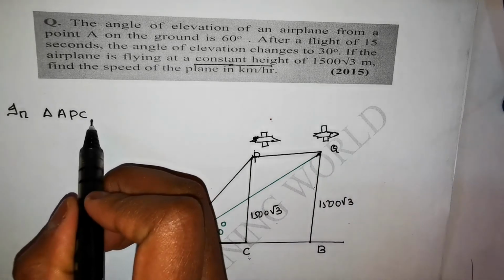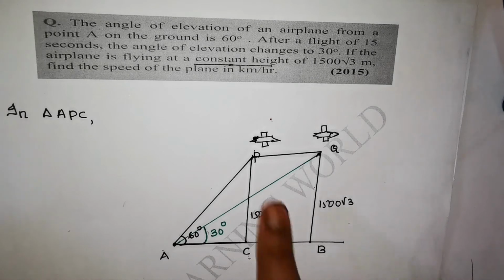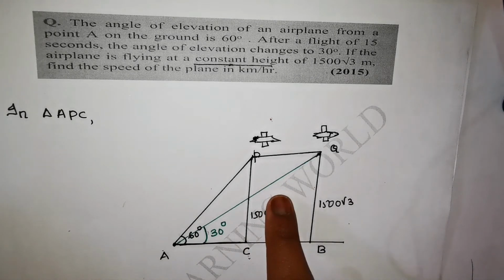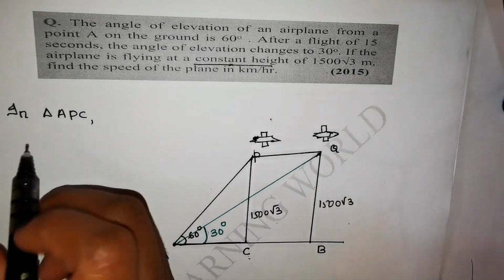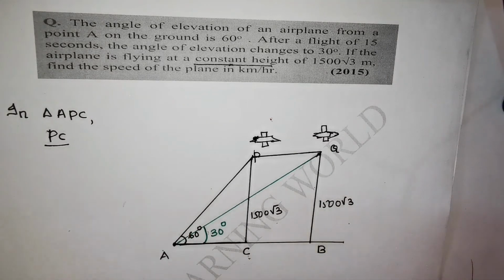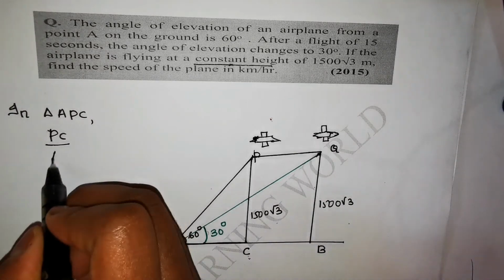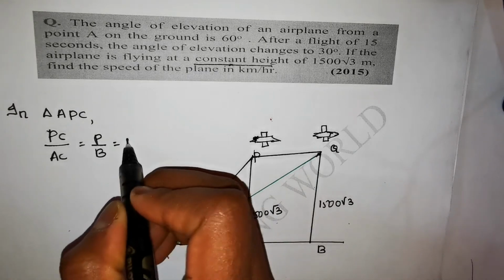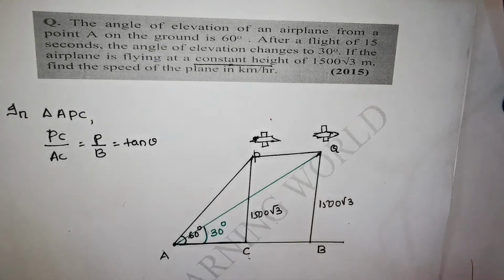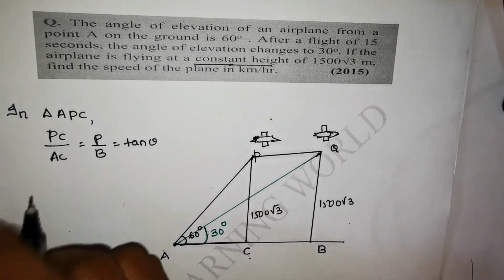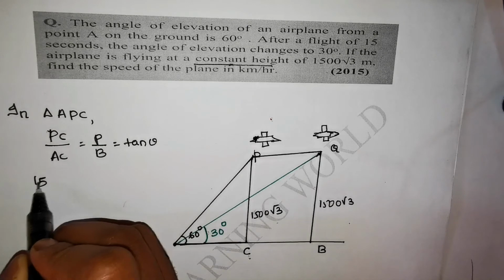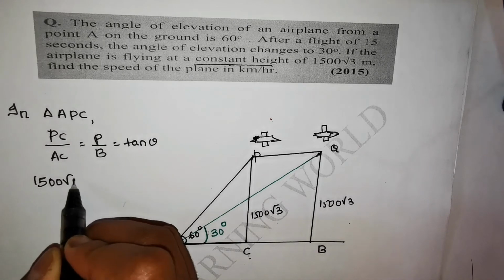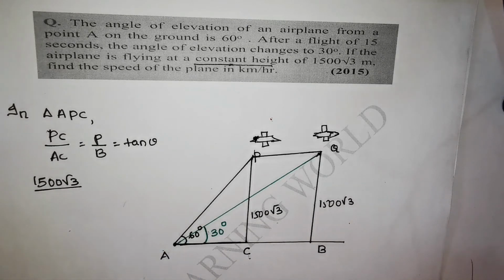In triangle APC, our perpendicular is PC. So PC by AC, perpendicular by base, is tan theta. And PC is 1500 root 3, so 1500 root 3 by AC.